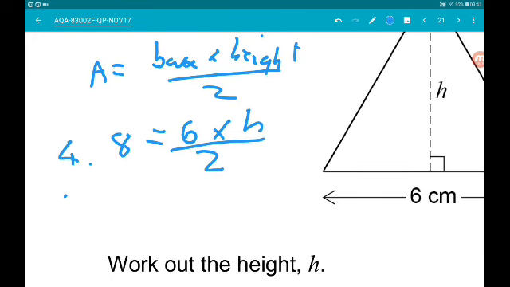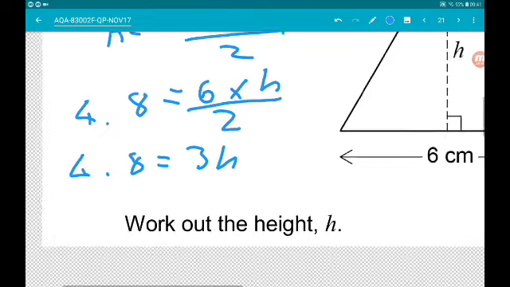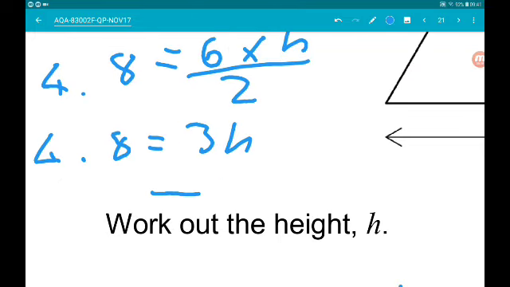Now that gives us 4.8 is equal to 6 over 2 is 3, so 3h, divided by 3, we get h is 1.6 centimeters.